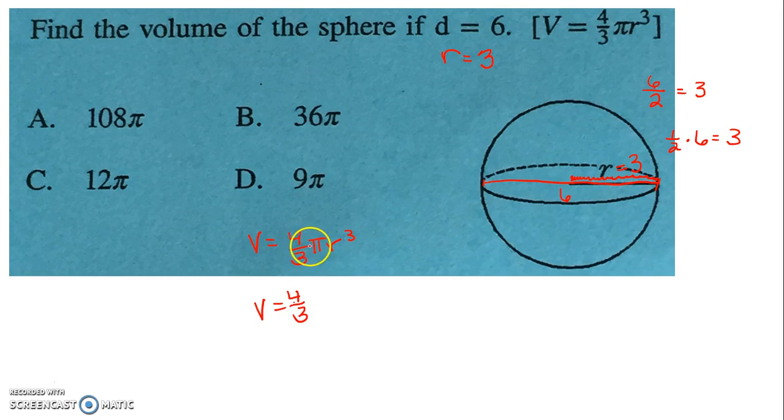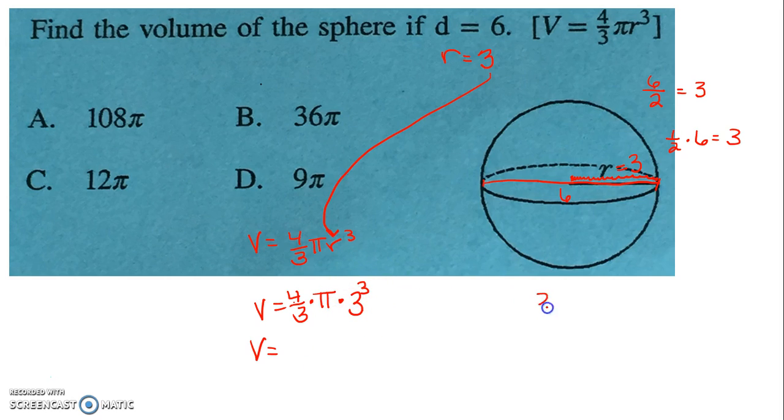The operation between the 4/3 and the pi is multiplication, so it's 4/3 times pi. The operation between the pi and the r to the 3rd power is multiplication. And now I'm ready to substitute 3 in place of r. So then it's 3 to the 3rd power. At that point, I take a look at this formula and I'm like, oh, I'm going to simplify my 3 to the 3rd.